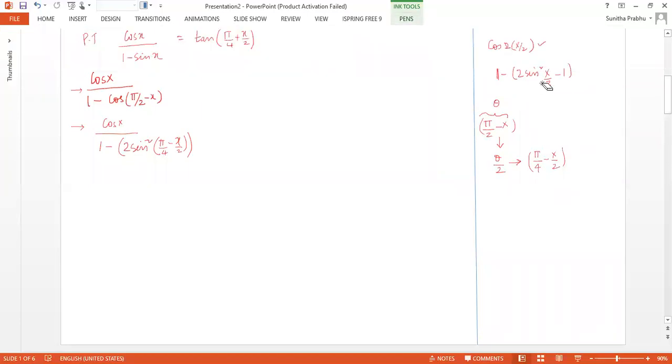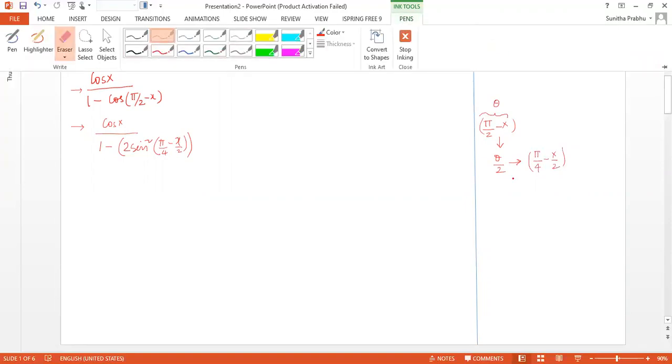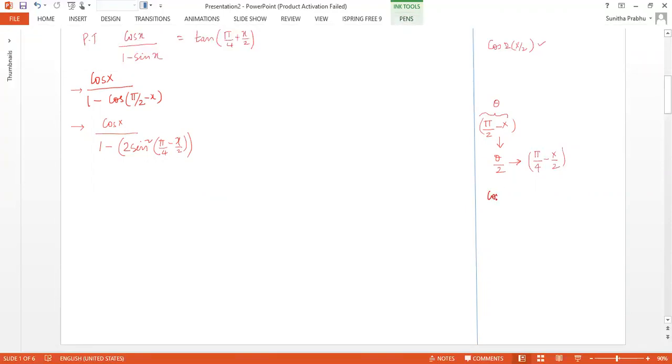The formula for cos 2x is 2 cos square x minus 1 or 1 minus 2 sine square x.